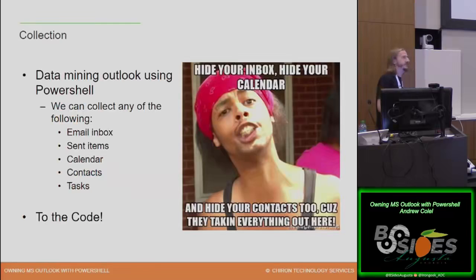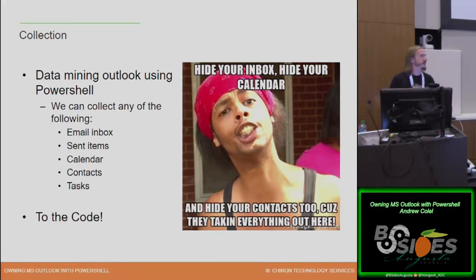All right, so the first thing we're going to look at is a little bit of collection. We can collect pretty much anything that Outlook houses. Outlook views everything that it has as a folder. So it's not just the inbox, it's not just the junk folder. There's also the calendar, the contacts, the tasks.